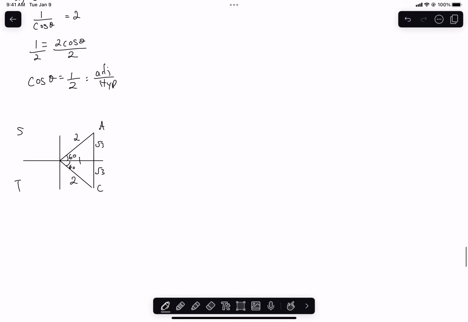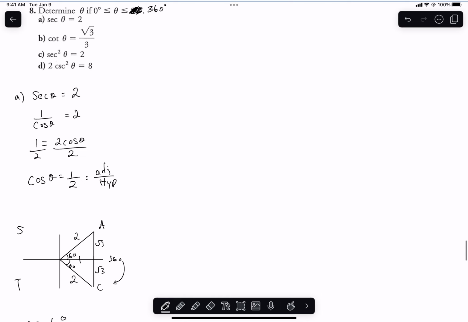Okay, and so theta for this question from 0 to 360 would be 60 degrees, and theta would equal 300, right? Because that would be 360 minus the 60-degree angle. It would be 300 degrees. Okay, so that's A.